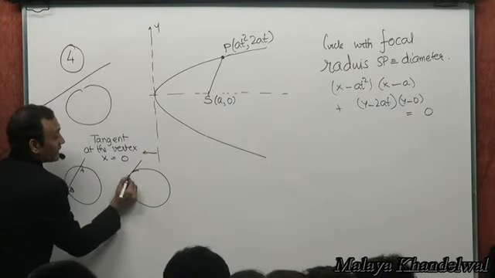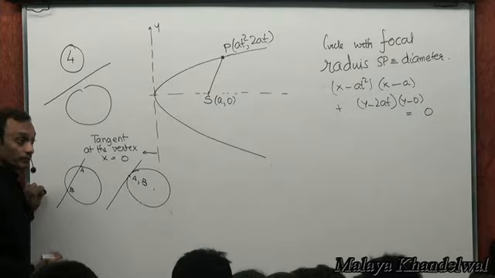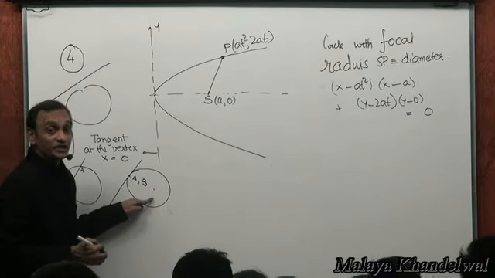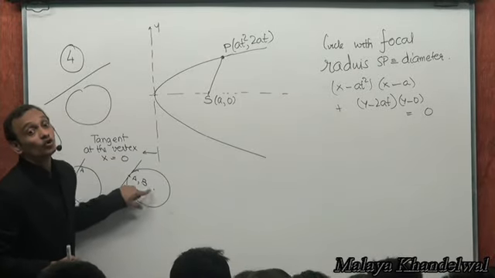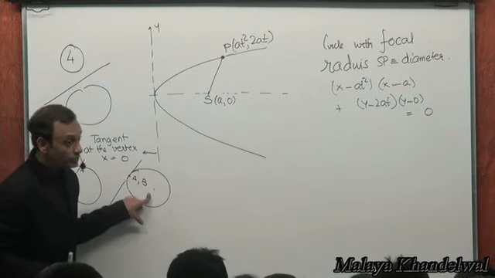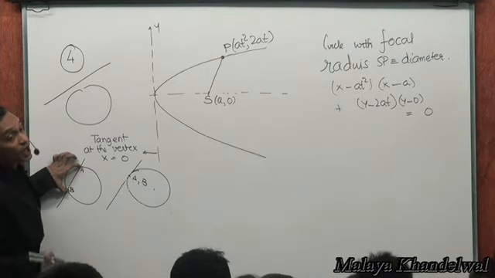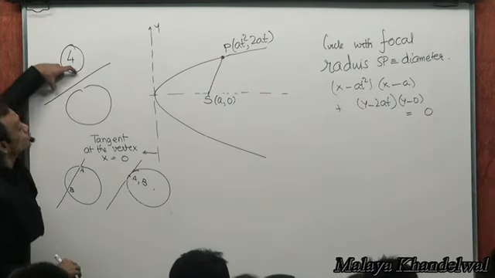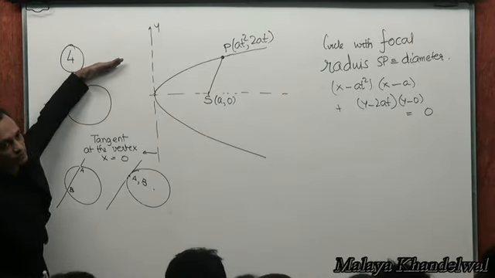This is a tangent where the two points A and B coincide, right? So a line will be a tangent to a circle if the two points of intersection are coincident. If A and B are distinct and real, then it will be a chord. If the two roots of intersection are imaginary, it will not intersect the circle, right?